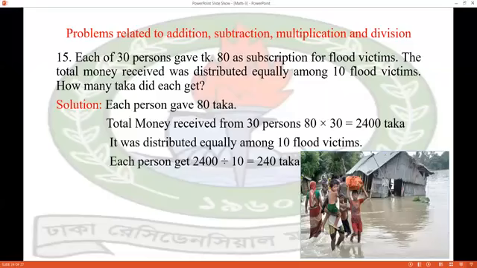So each person gets 2,400 divided by 10 equal to 240 taka. So every flood victim gets 240 taka. So we can write the answer: each person gets 240 taka.